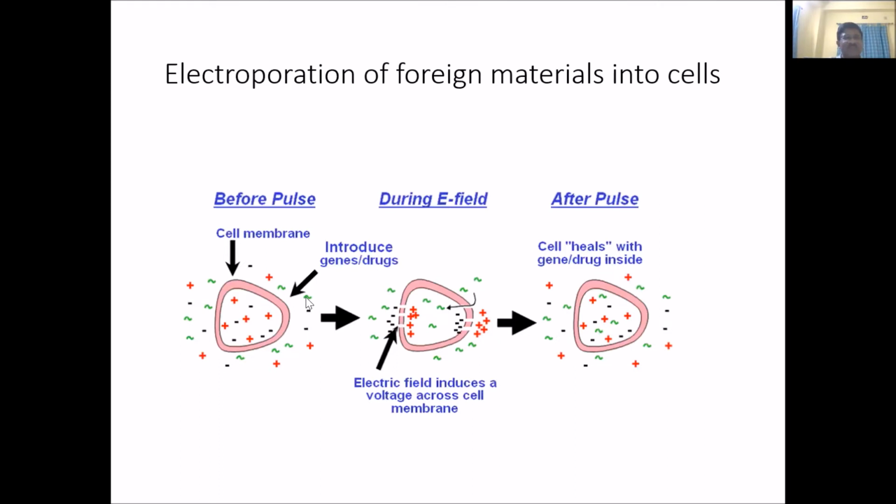These green things are the therapeutic or modified plasmids or modified genes. After a brief electric pulse, small pores or micropores form in the membrane of the target cell, and the therapeutic genes get their entry into the cells. But you do not know what percentage of the cells get entry. It may be 5%, maybe 1%. So you may have to repeat it.